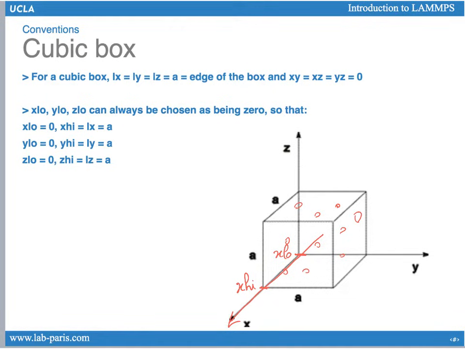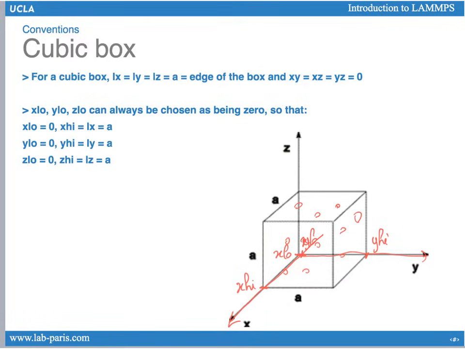You will need to do the same for the Y-axis and the Z-axis. So on the Y-axis, you will define Y low, the lower bound, and Y high, the higher bound, etc.